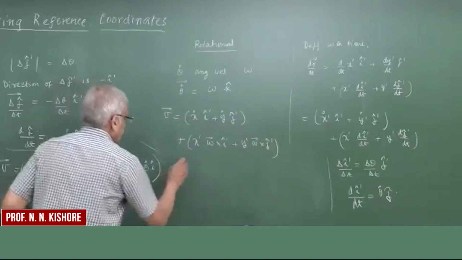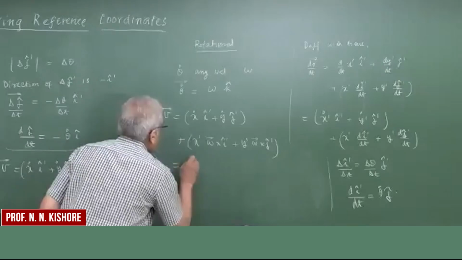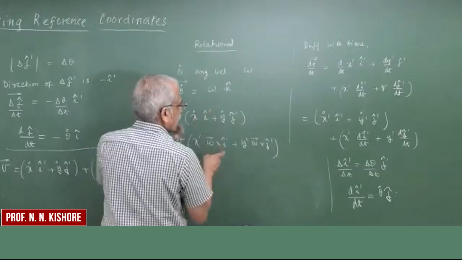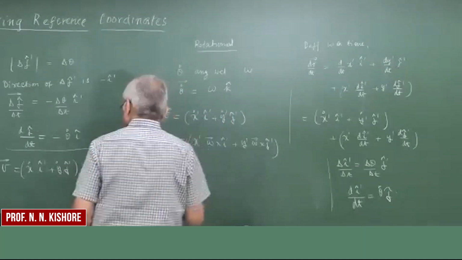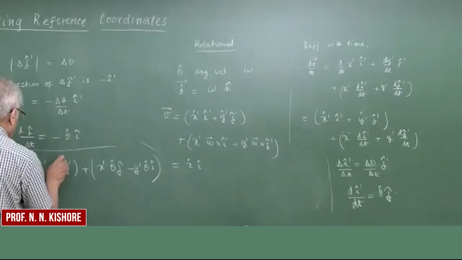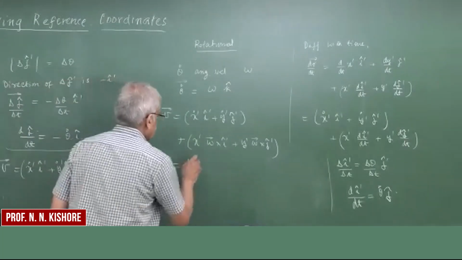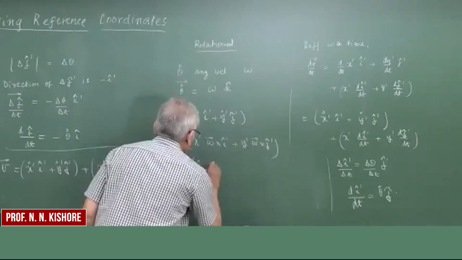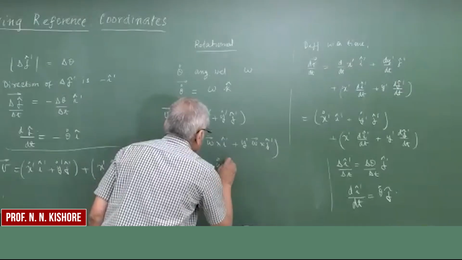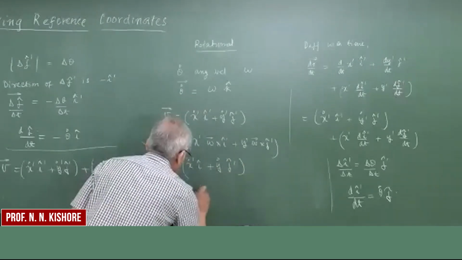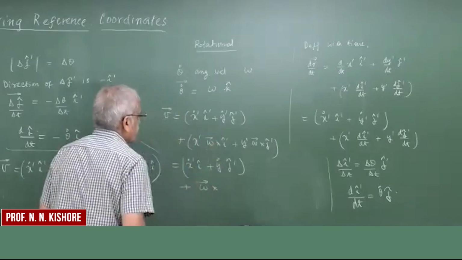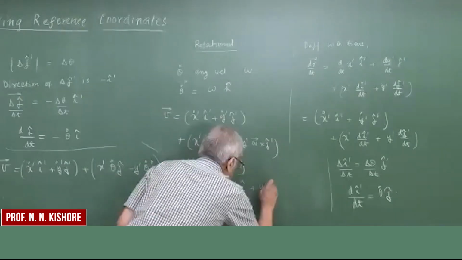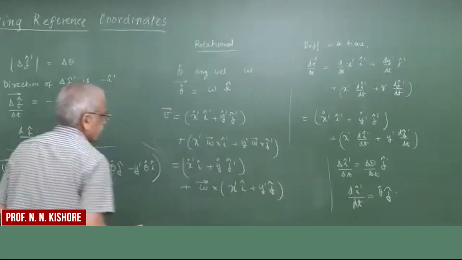Okay, so we can now write these are all primary coordinates here. So we can take omega cross out. Yeah, so this is the interesting part here.